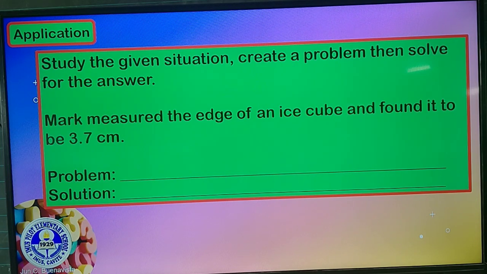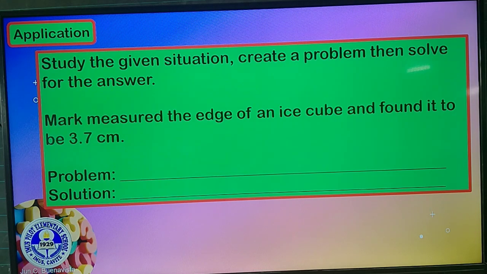Your problem is 5 points. And your solution is 5 points also. That is also 10. So all in all, in your week 4 application, you have 20 points if you got perfect score. Okay? Any question for that class?